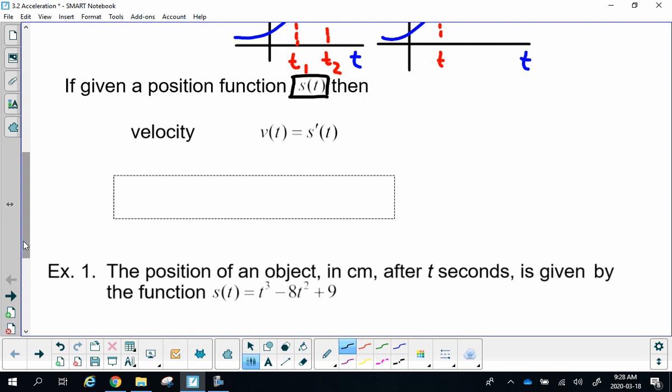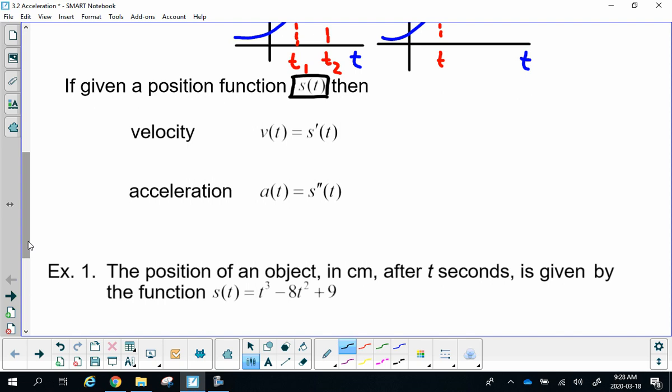Today, we're saying that if we take the velocity function and we take its derivative, that gives us the acceleration function. So really, all we're saying is that acceleration is the second derivative of the position function.